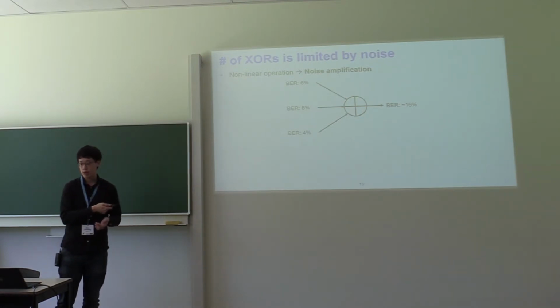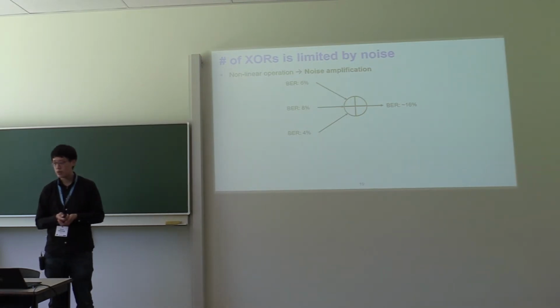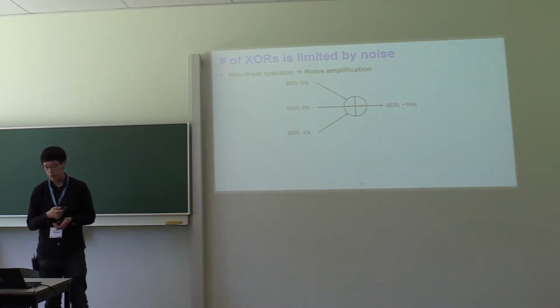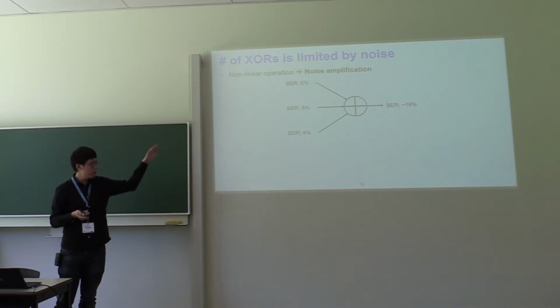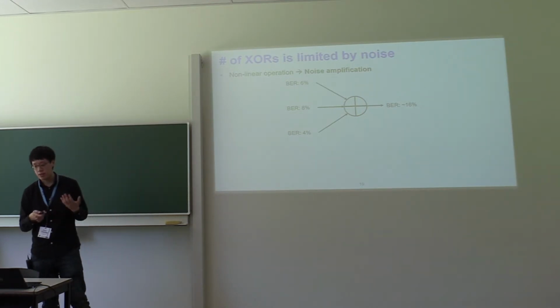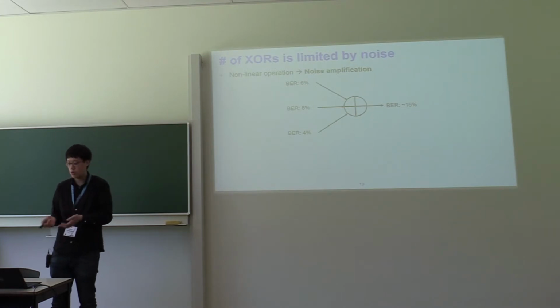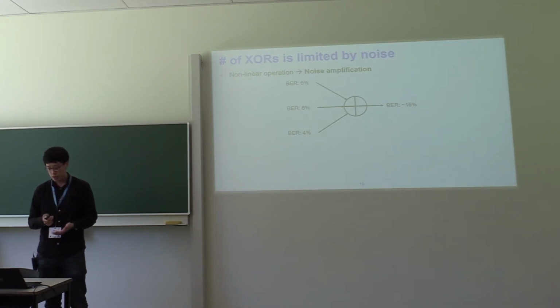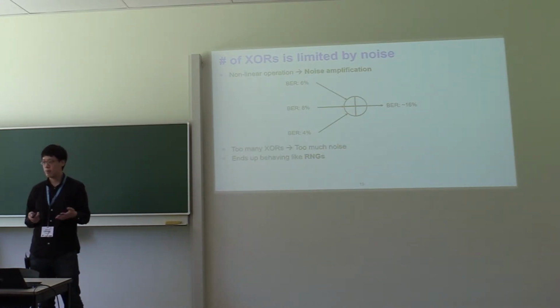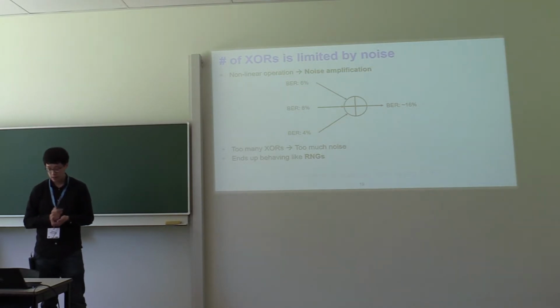If we XOR them together, you can simply compute the resulting bit error rate. It will become higher, it will become 16%. If we have even more XORs, we will basically get almost to 50% bit error rate. So it ends up acting like an RNG.